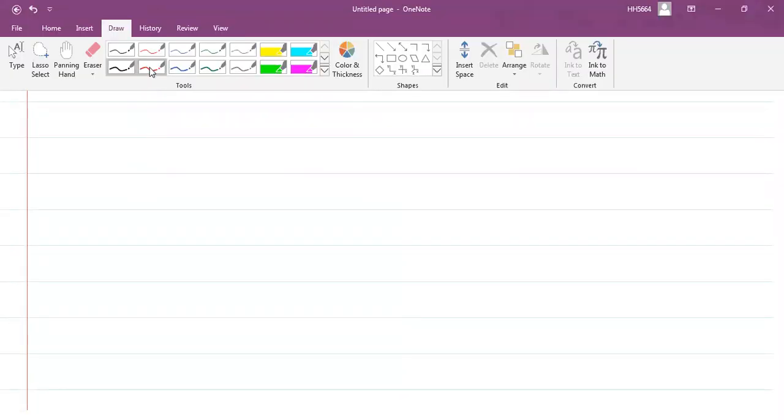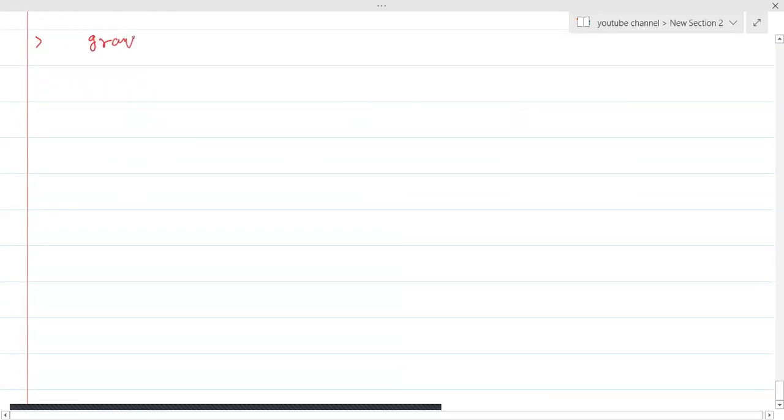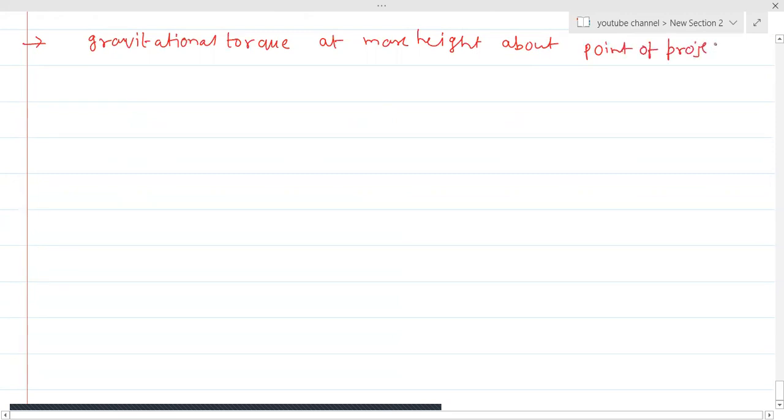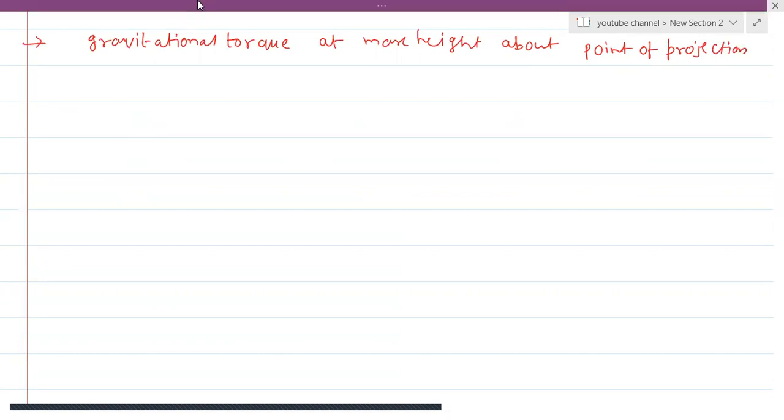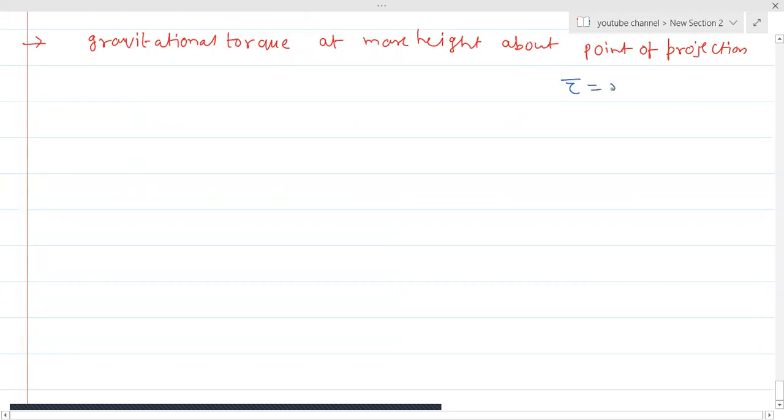For example, if we think of gravitational torque at a maximum height about the point of projection, we know that tau bar equivalent to r bar cross f bar, or simply we will always write tau equivalent to force into perpendicular distance, or perpendicular force into distance.